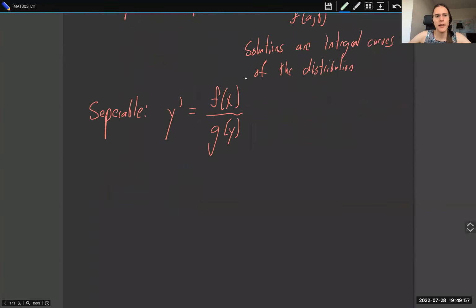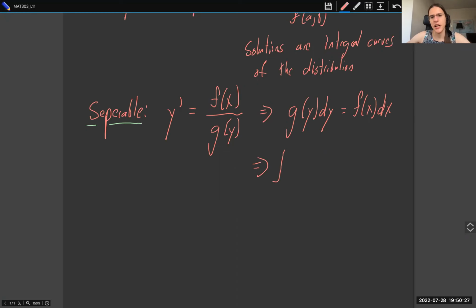Well, you cross multiply. So this is the same as saying that g of y dy is equal to f of x dx. And so that tells you that the general solutions are, and I'll write the constants in one place.